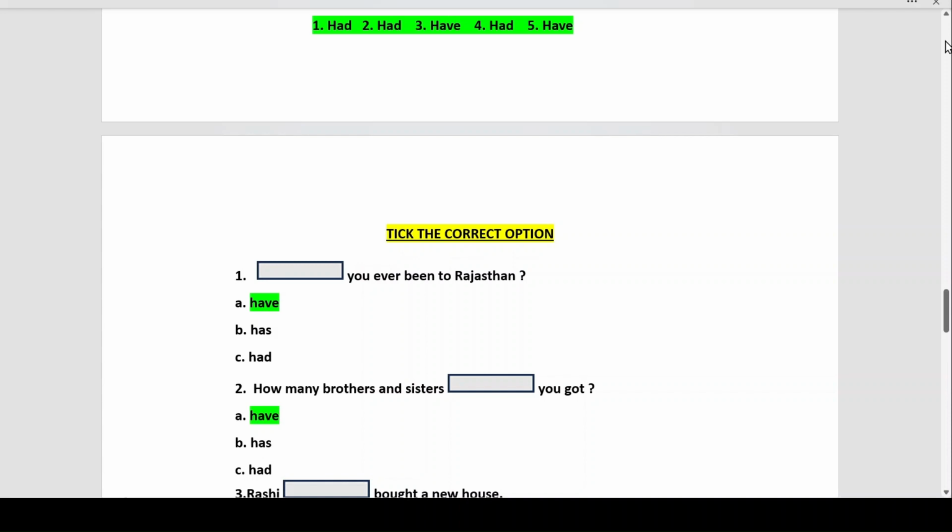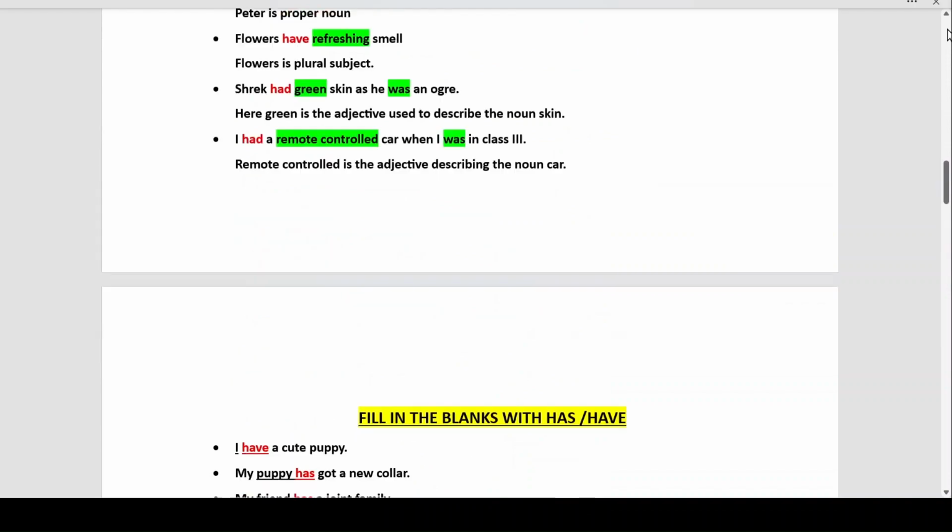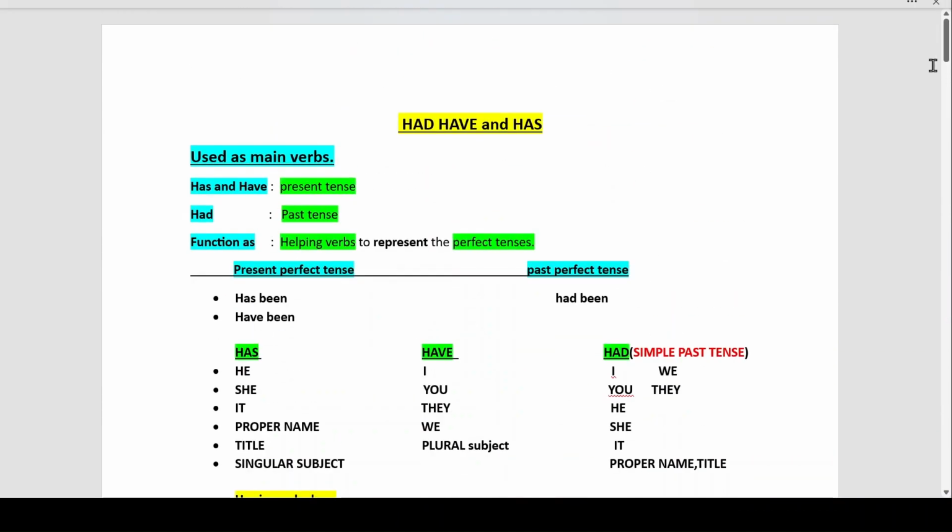If it is a sentence in the past tense, then use had. So these are a few things which you need to keep in mind when you are given questions on have, had, and has. Moreover, when you are attempting these kinds of questions for the first time, please keep this table of has, have, and had, and what all comes under them next to you, and then do the question-answer exercises. You will find it very easy.